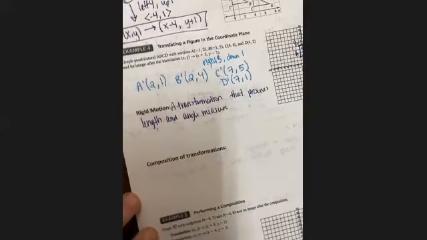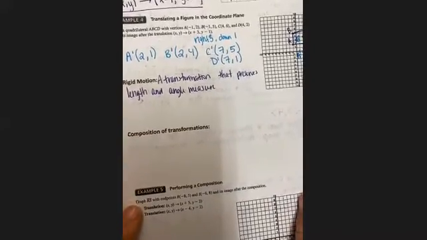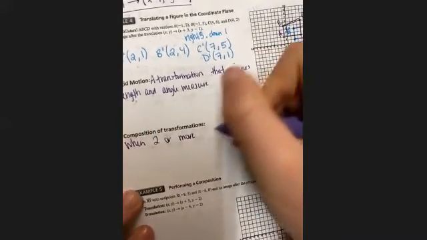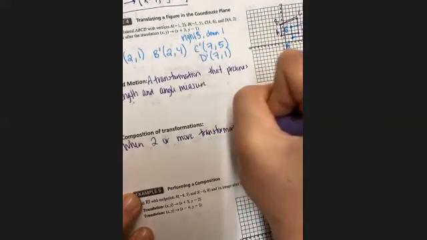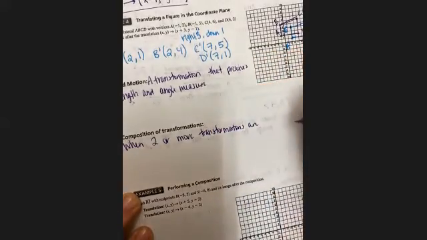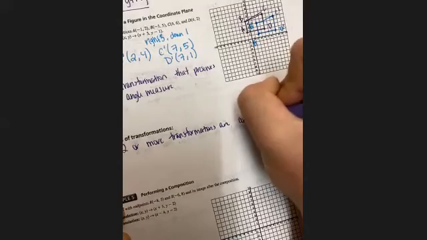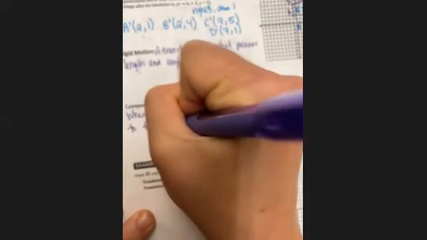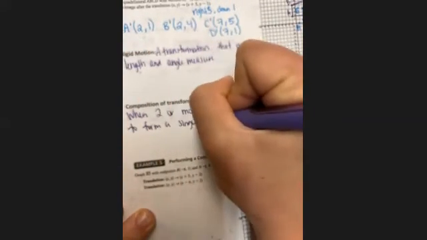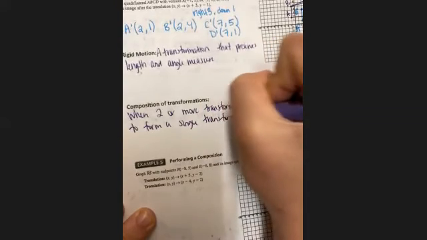Whenever we have a composition of transformations, that is when two or more transformations are combined to form a single transformation.